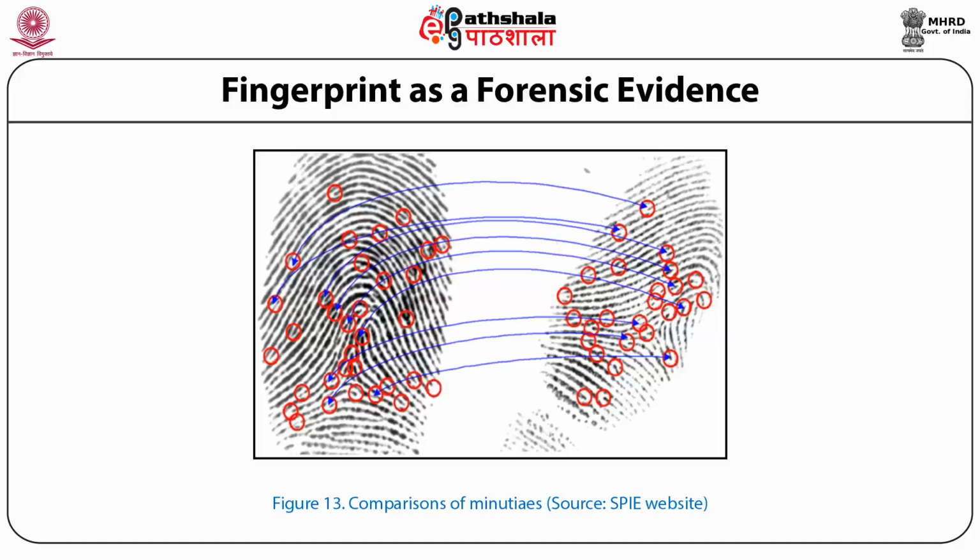Each pattern has a specific arrangement. Based on the comparison of this pattern and also the number, kind, or arrangement of the minutiae, we can make the comparison of the fingerprint for personal identification purposes.